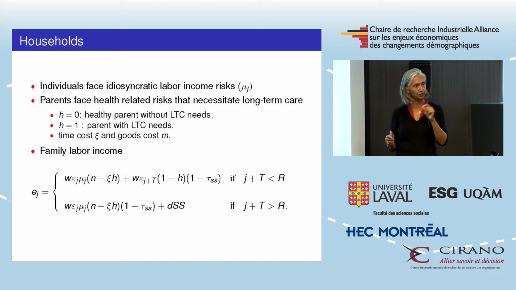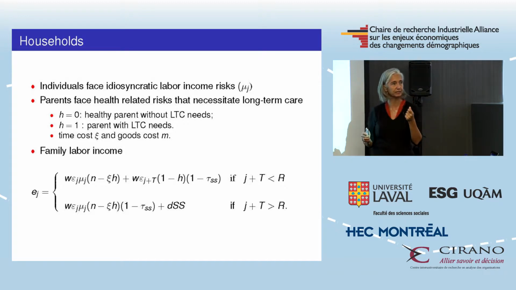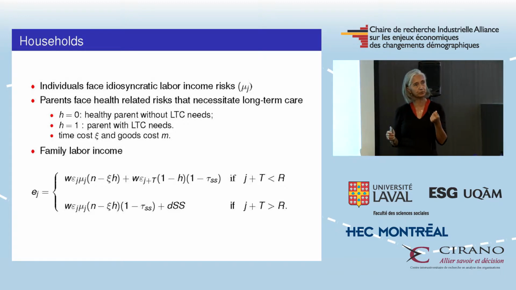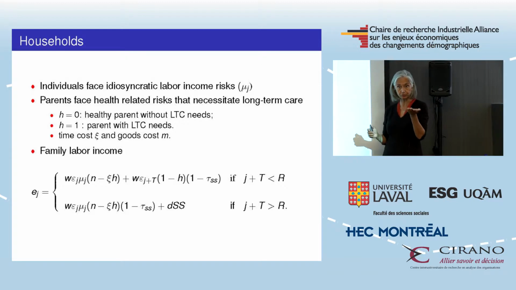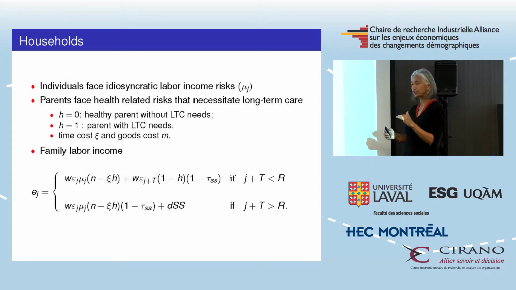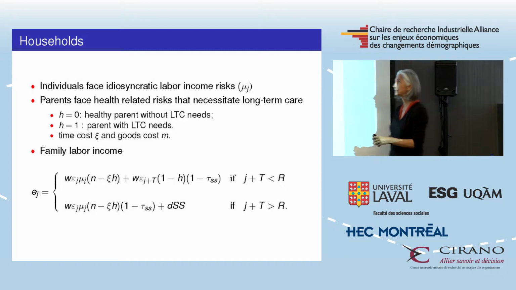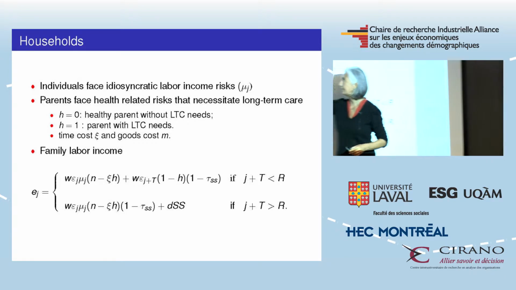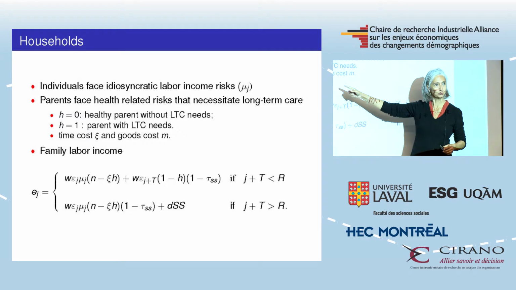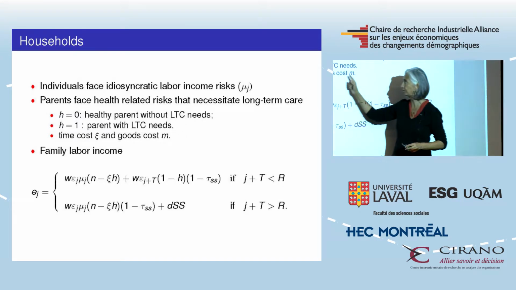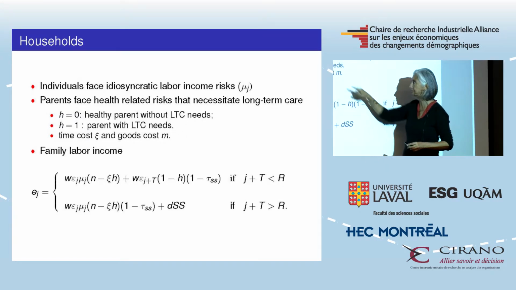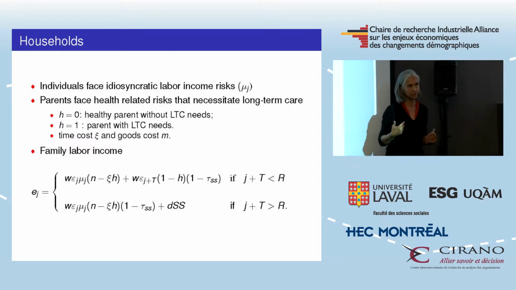We've seen even from the US data, like Maria Christina's work, that this long-term care risk is an important component of the savings of the retirees in the US. In China, there is really no help to them. The help provided by the government is increasing, but for the time period we're looking at, it's really minimal. So it really needs the time cost of the children to take care of the parents, and then there's some goods cost that comes with it that we're going to calibrate to the Chinese data.